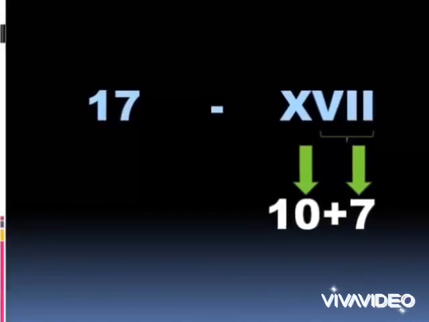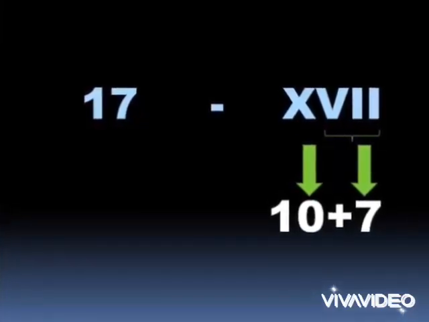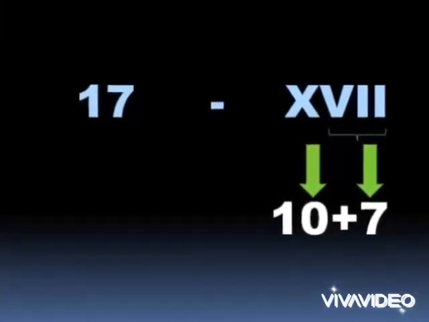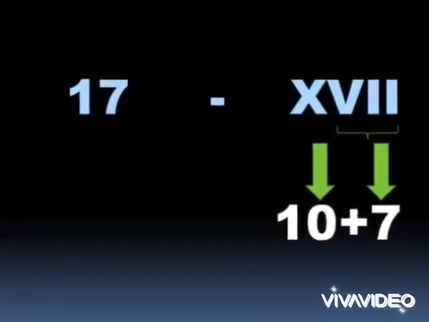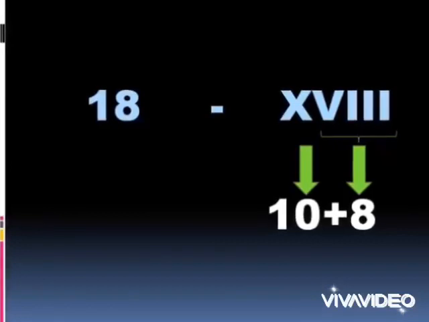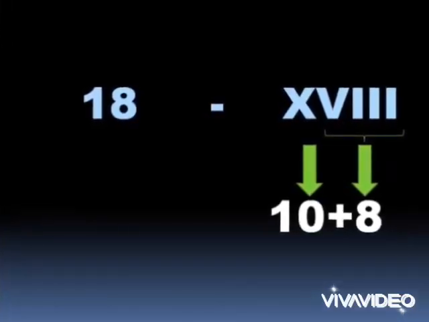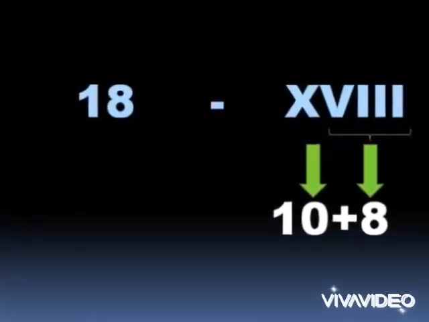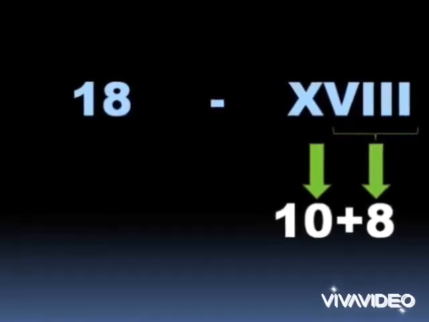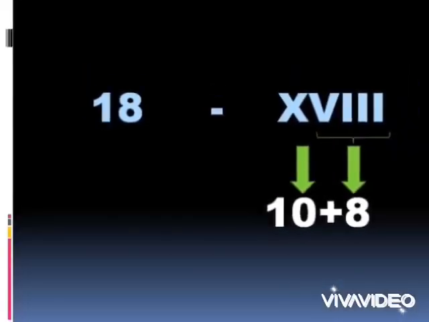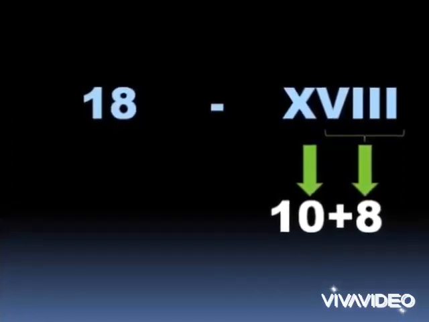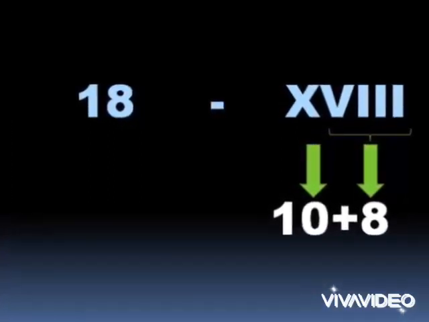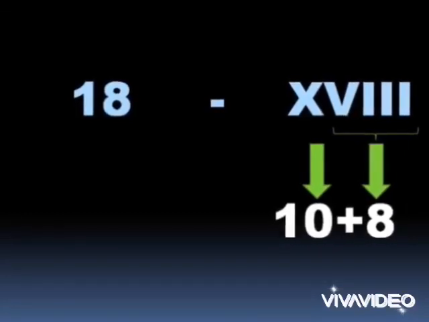17 is written as XVII, where the value of VII, that is 7, is added to the value of X. 18 is written as XVIII, and we know VIII is nothing but 8. So 8 is added to 10 and it represents 18.